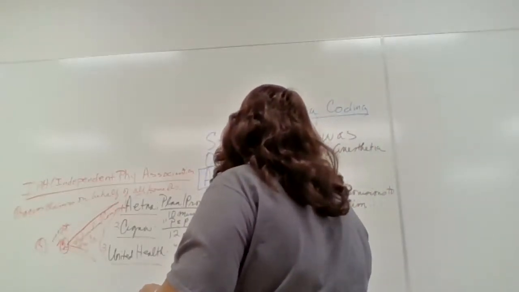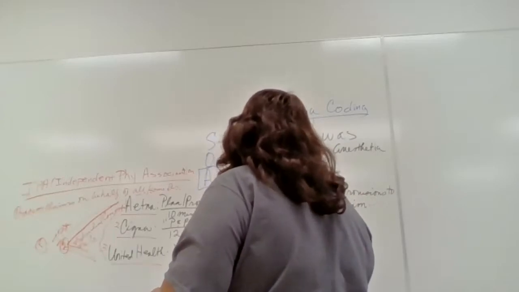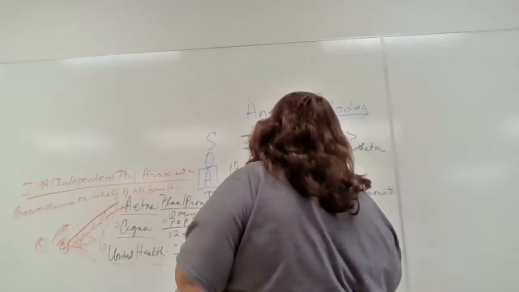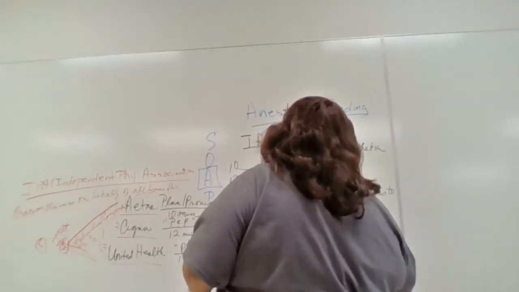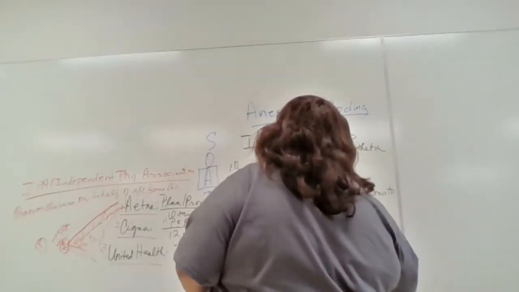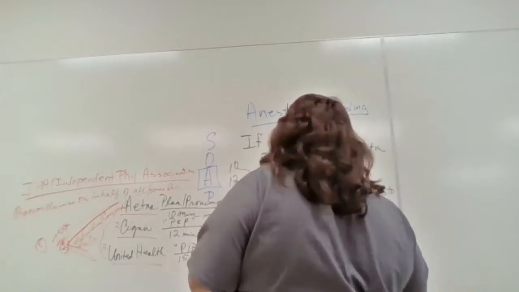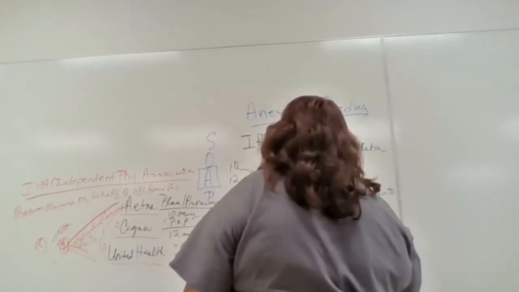Now let's suppose, by example, that I'm processing a claim for Dr. Gold Rim, MD, and he is an anesthesiologist. That's a specialty, and I'm going to be his biller.